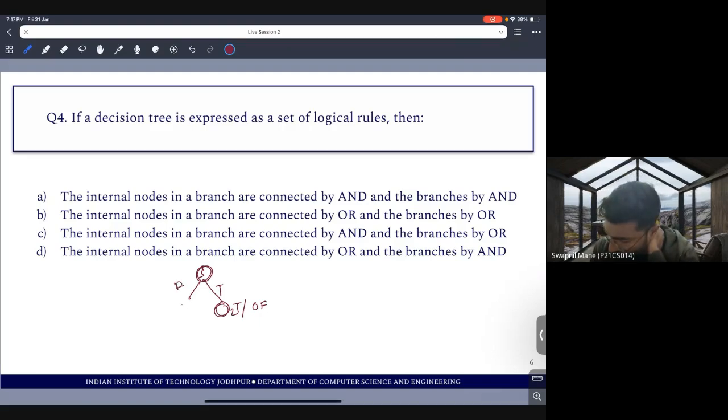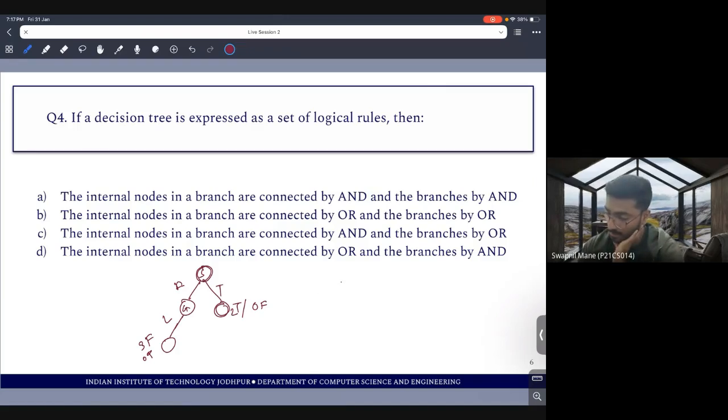If it is fail, then there is GPA, we have considered low GPA. Low GPA, they fail. Let's take this simple example. Fail 3 and passed 0. It's an example I have taken here.